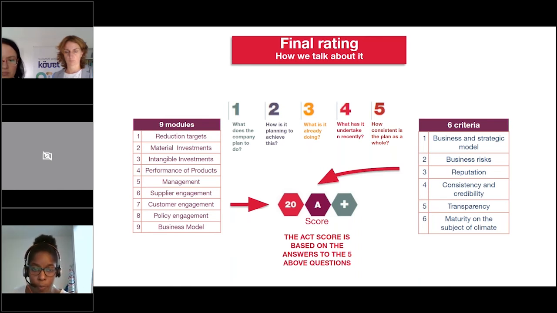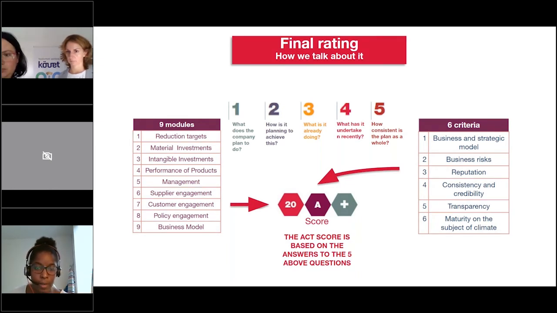The narrative score is provided by a summary of the company's assessment in terms of complementary criteria with the business model, more the qualitative criteria: the reputation, the maturity of climate integration, the strategic risks, the transparency.